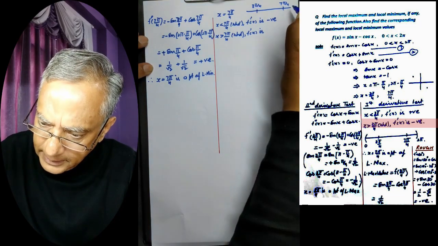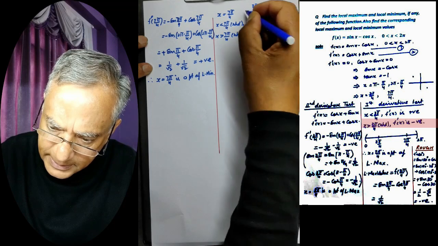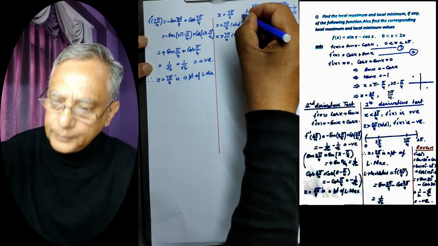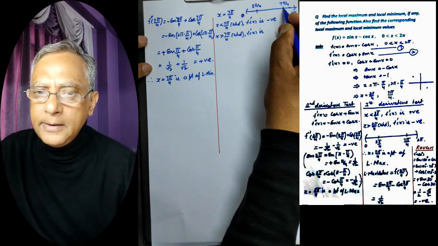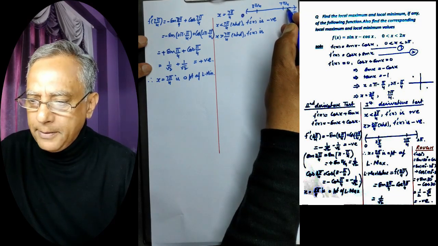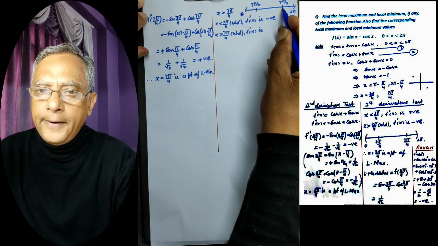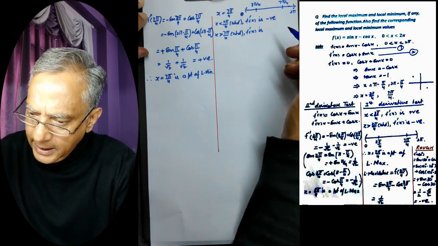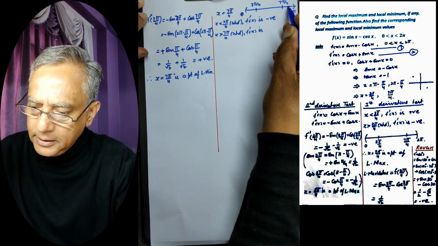And these are the end points of the interval. This is 2 pi and this is 0. Now in this interval, we shall take any point. Now 7 pi by 4 is 315 degrees. So we will take 330 degrees.